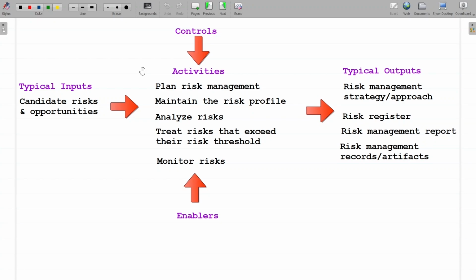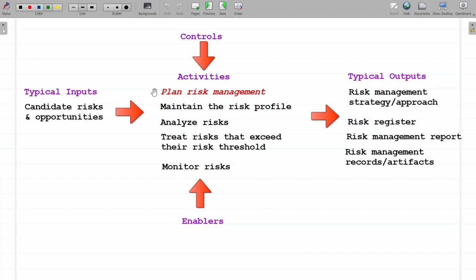The risk management process includes the following activities: plan risk management, develop the risk management strategy or approach, capture the risk management process context, including risk categories, and capture the thresholds and conditions of the risks.